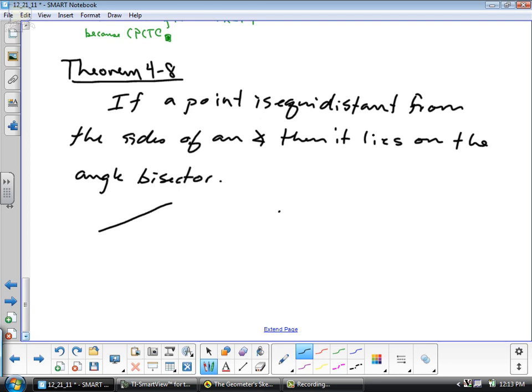So in this case, what we start out with is a point that is equidistant from the sides. So if that's X, then PX is congruent to PY, if that's Y. That's what we start with.